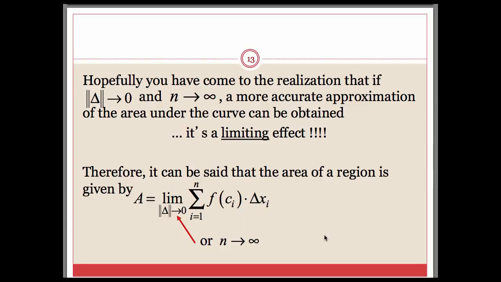So what we could say in mathematical notation is that the area of a region, A for area, is going to be the limit as the norm approaches 0, or you could say as n approaches infinity. You could have either one down there. All right, so the true area of a region is going to be given by the limit of the summation of the areas of the rectangles.